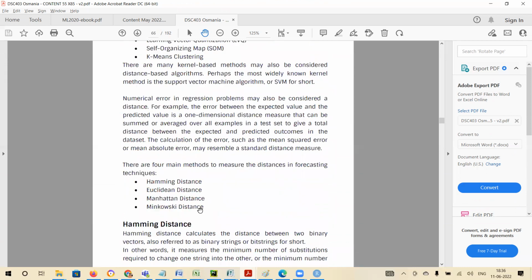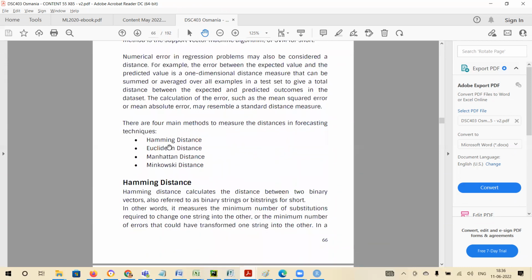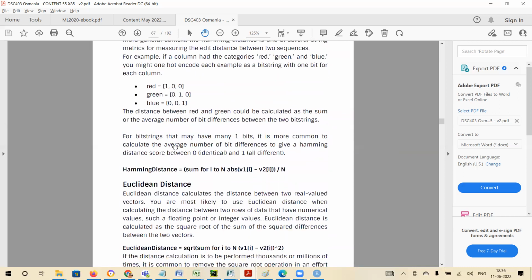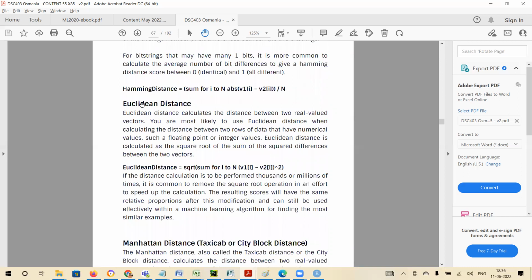See, Hamming distance, Euclidean distance, Manhattan distance, and Minkowski distance. What is Euclidean distance? This is Euclidean distance. It is the square root of the sum of the square differences between two vectors. Square root of the square.